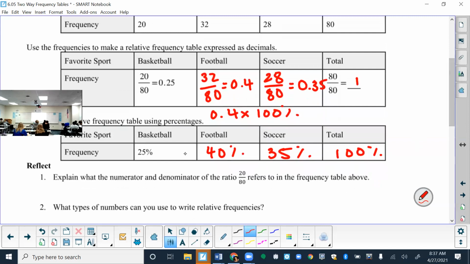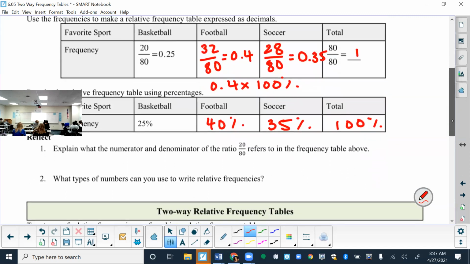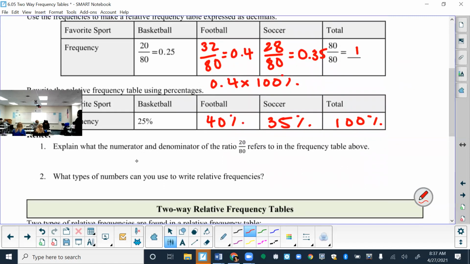So then these reflection questions are just making sure we understand what's going on. What does the 20 out of 80 fraction mean in the table? What does the 20 mean? So 20 students that prefer basketball.